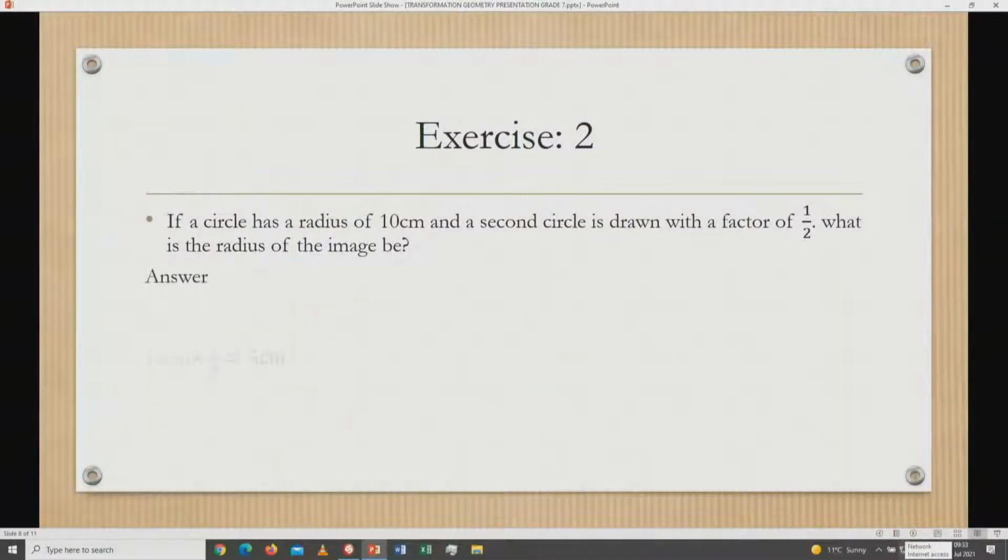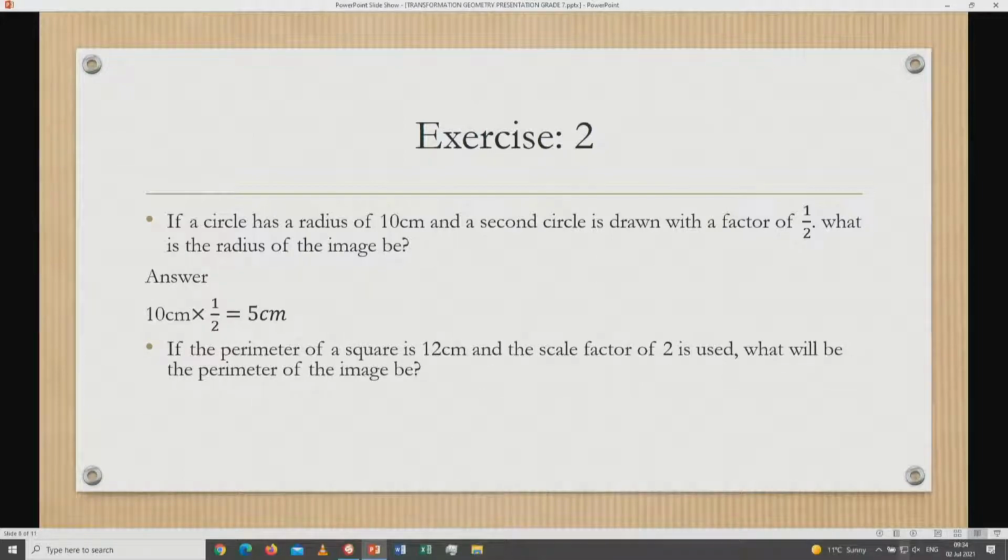Therefore, our answer, as we have done it, is 10 centimeters multiplied by a half, which gives us 5 centimeters. So yes, it is smaller. And it helps us to understand what we spoke about when we said that if the scale factor is less than 1, then the result will be a smaller image.